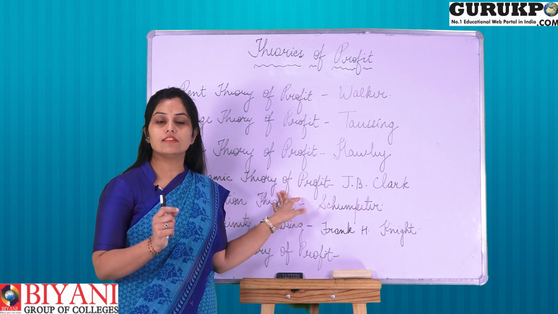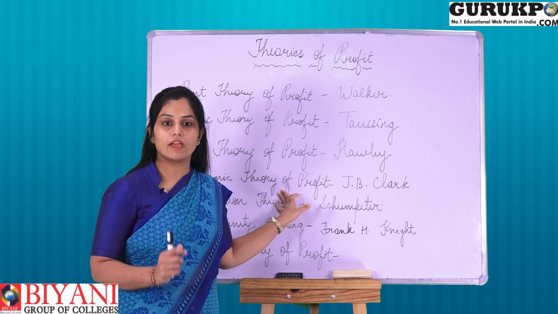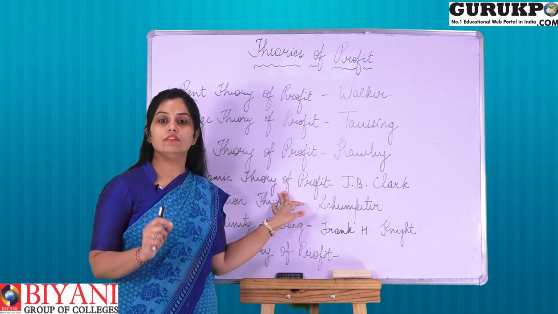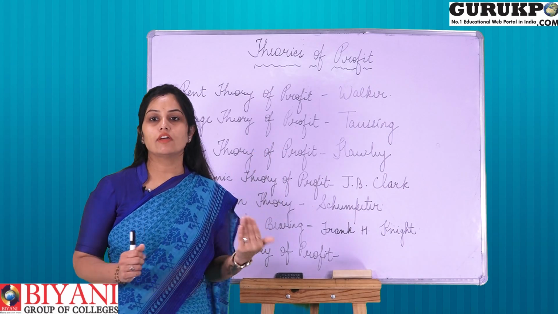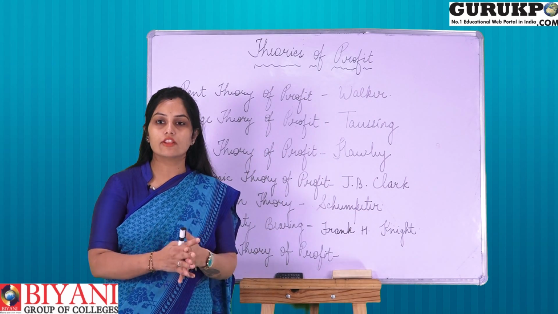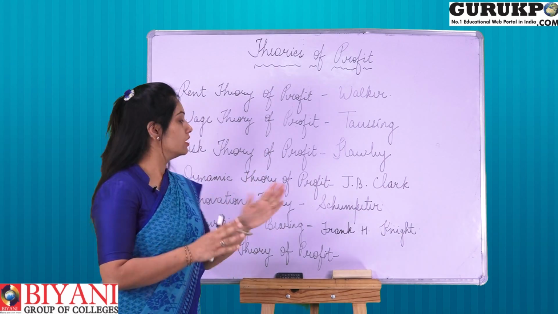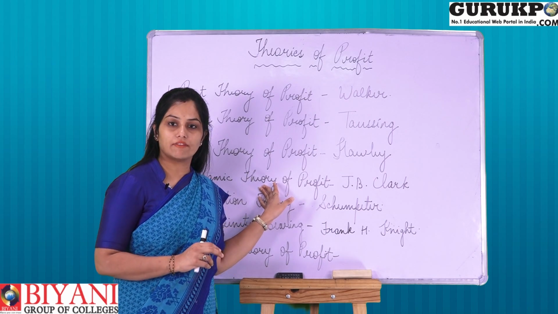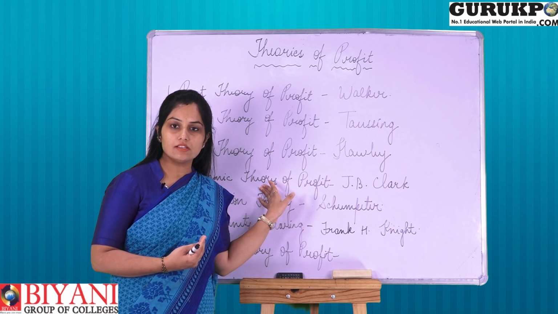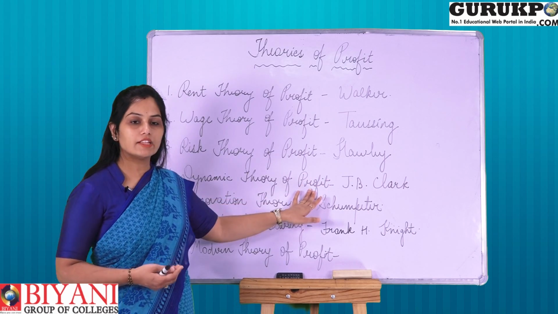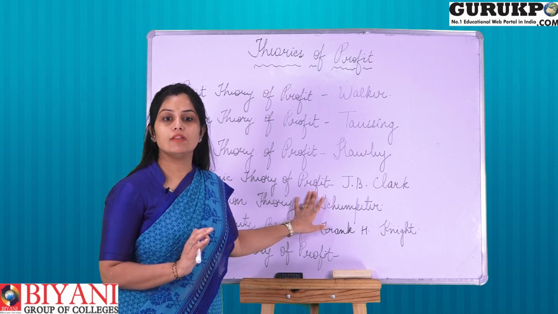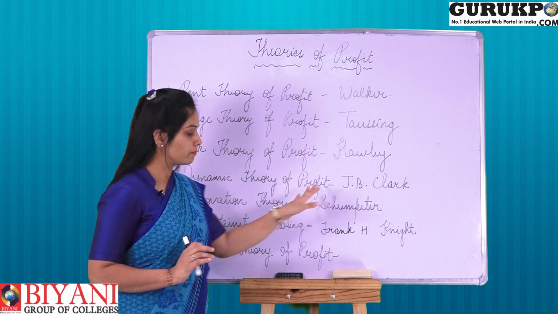Our economy is ever changing. It is not a static economy, and with the change in the environment, our organization also has to change. If we accept the change, we will earn more profit. Otherwise, we will become obsolete and will be out of the market in some time.